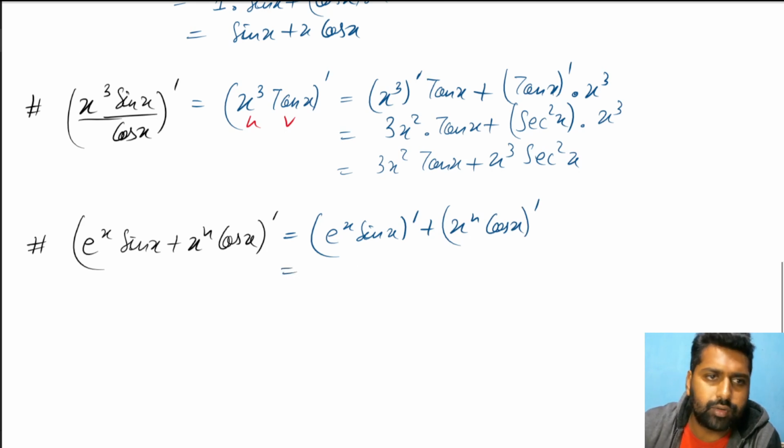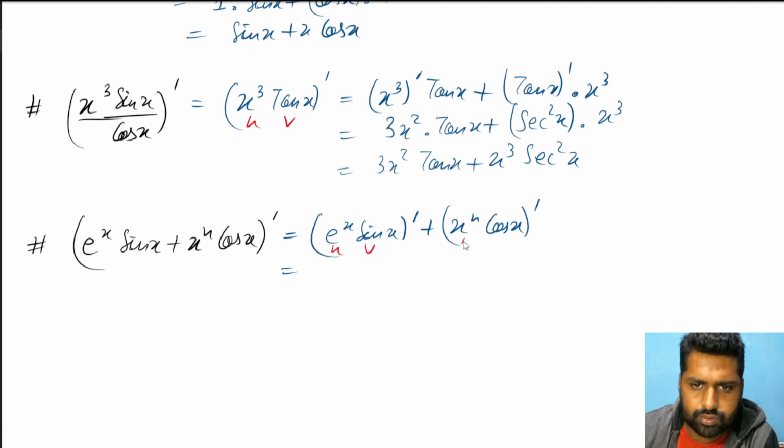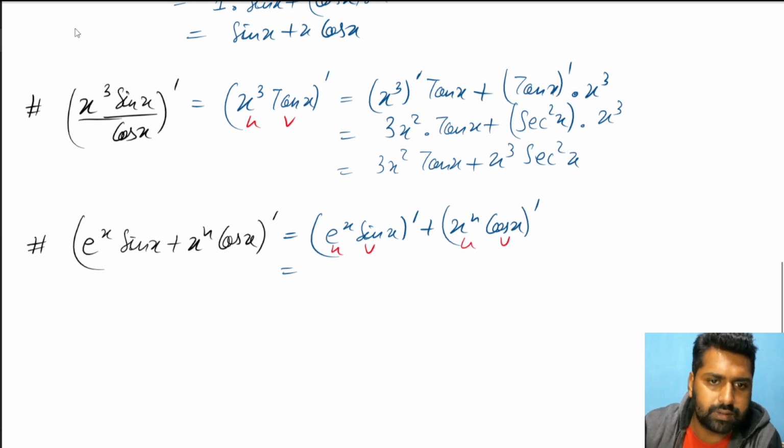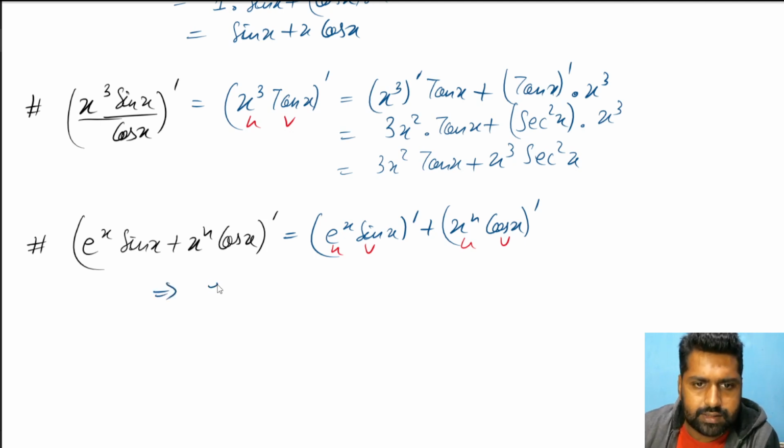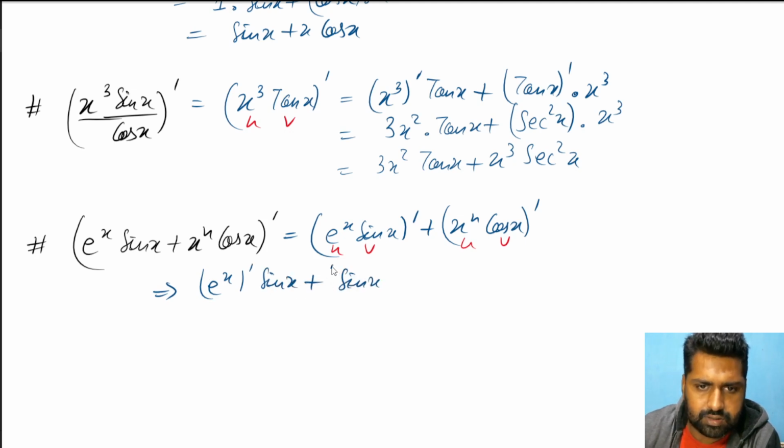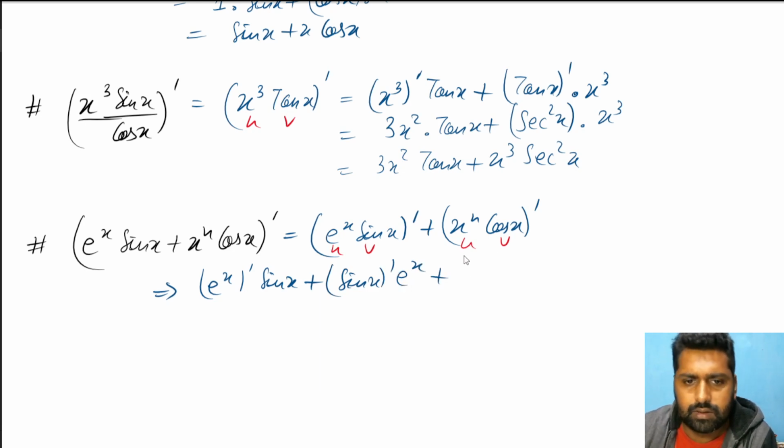Now we have to apply uv here also. Okay. So I'll take some more space. I'll start from here. So e raised to power x differentiation, sine x as it is, plus sine x differentiation, e raised to power x as it is. Okay.